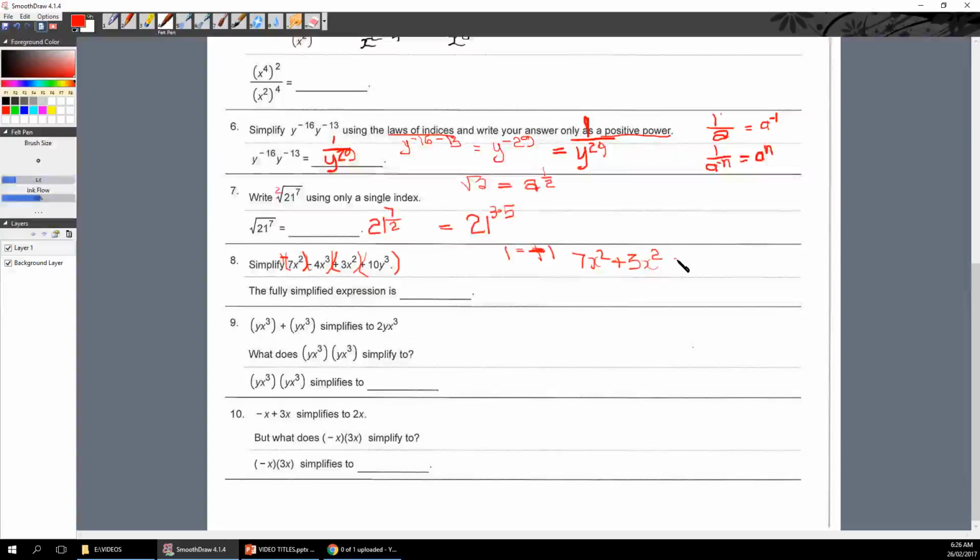I'm going to go minus 4x cubed, and then I'm going to go plus 10y cubed. So that's 10y cubed there.